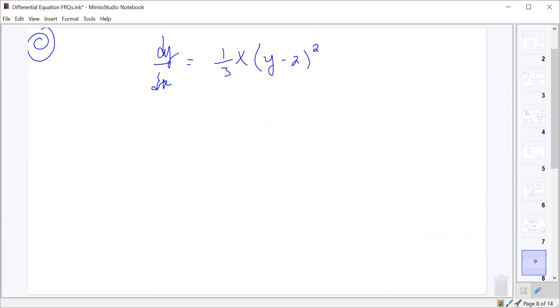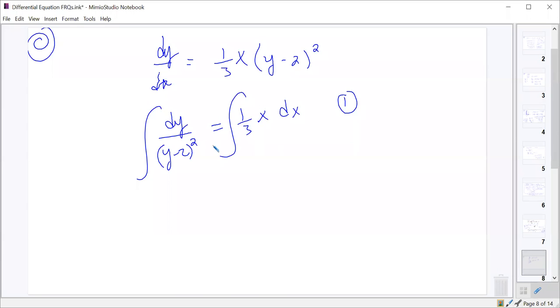And in order to solve this differential equation, we need to separate the variables. So this becomes dy over (y minus 2) squared equals 1/3 x dx. And right there, immediately, that's 1 point. All you have to do to get a single point is separate the variables: put your dx on the right, put all the y's on the left.